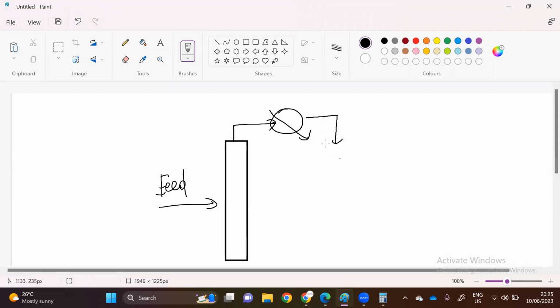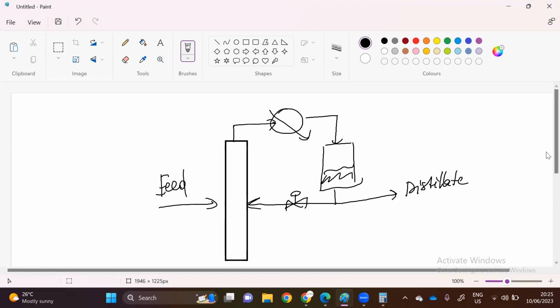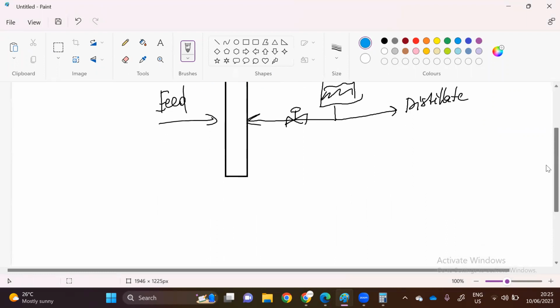And after condensing the whole vapor, it goes to the reflux drum, like this. Some of them will go back as a reflux to the system, and the remaining will be sent as distillate. So in order to condense this vapor totally, we are using additional cooling water. This is CW, this is cooling water, this is utility.